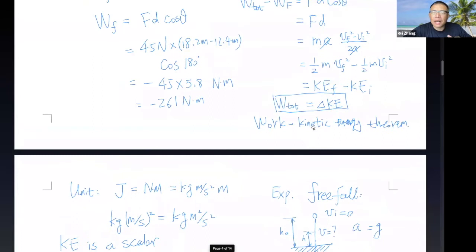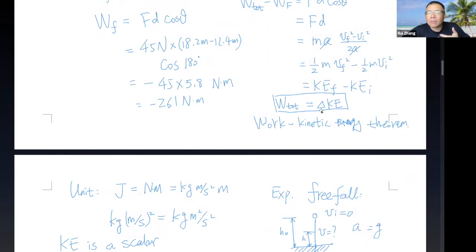Now I want to emphasize that this offered us not only some quantities, but a totally different point of view to a problem in mechanics. Previously, when we talked about mechanics, we started from forces and did force analysis. We found the total force, then the acceleration, and from the acceleration we tried to figure out the velocity and then displacement.